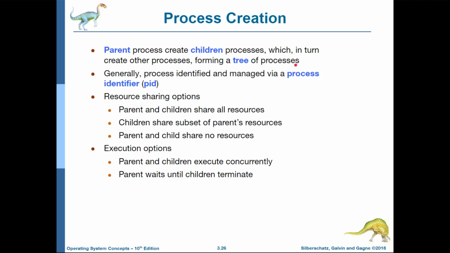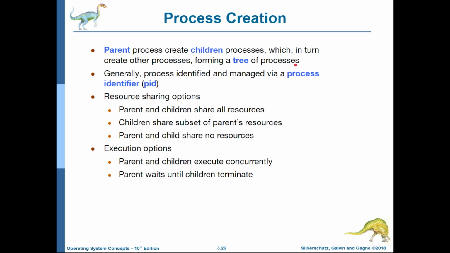Now, when it comes to creating a process, a parent process will create children processes. A parent process can actually have 0 or more children processes. Those children can also have child processes of their own, and it actually forms a tree relationship.